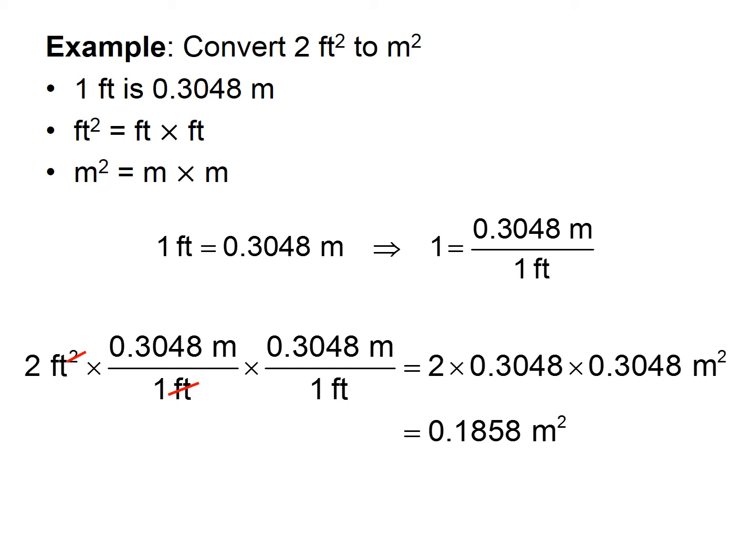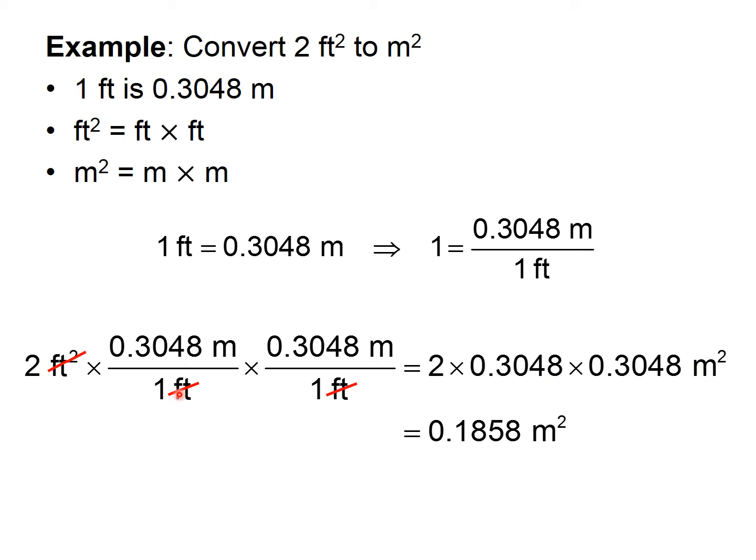And notice when I do that the first time, this unit of feet here cancels with one of these units of feet there. And then when I multiply again, that unit of feet cancels with the other unit of feet that I have there. And so the units of feet cancel off, and I'm left with meters times meters, which is meters squared, which is exactly what I want.